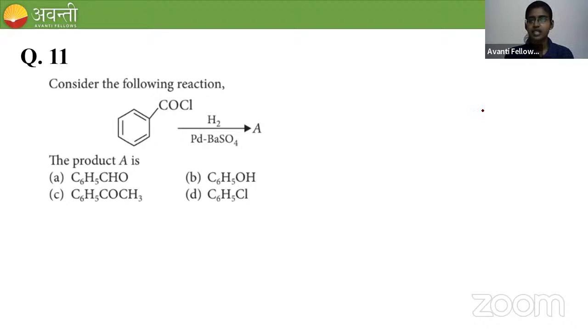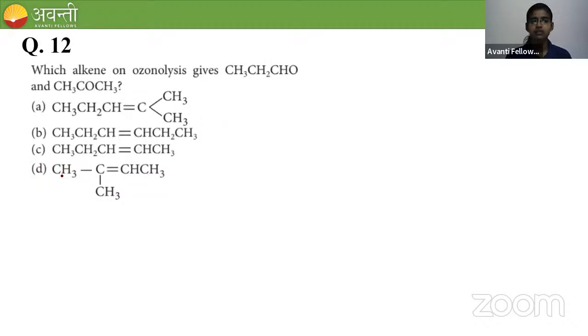Yes, option A is the correct answer. And what is the name of this reaction? It's the Rosenmund reaction. It is used for the preparation of benzaldehyde. The chlorine will be replaced by hydrogen, and we get benzaldehyde from this.